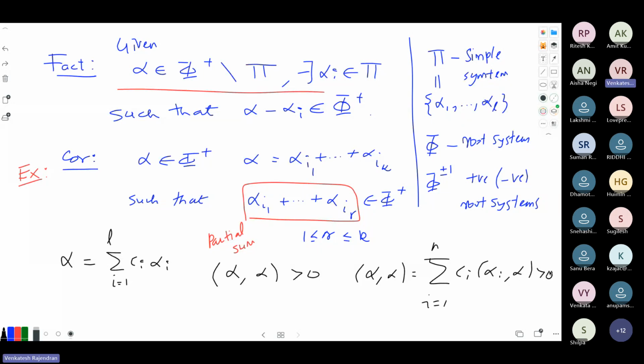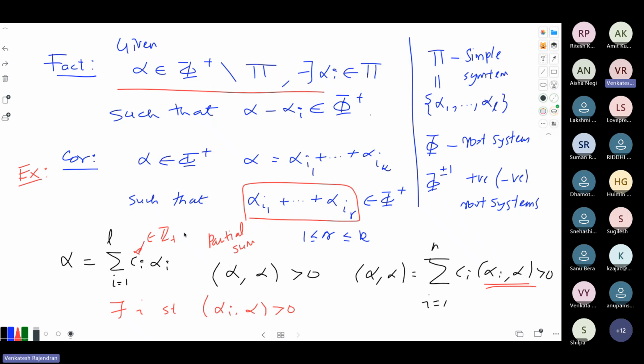And this being positive tells you that not all of the terms that appear here can be negative. So there exists I such that Ci is positive. If all of them were negative, because all these Ci's come from Z plus, non-negative integers, that would make alpha negative.